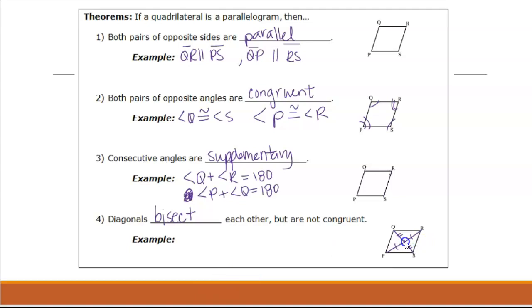So let's call this point here T. And we could say QT, I did not do that on purpose. QT is congruent to TS, I promise. And PT is congruent to TR. So those little pieces are congruent.